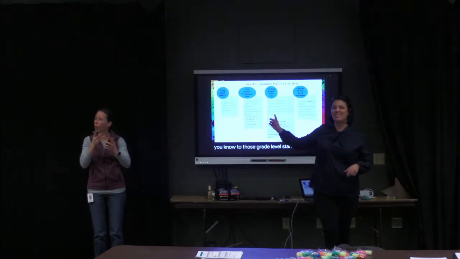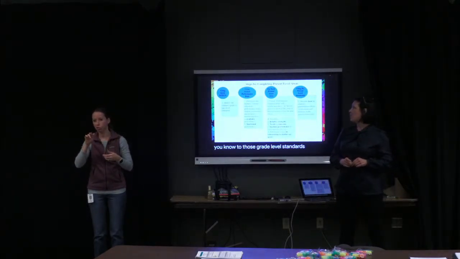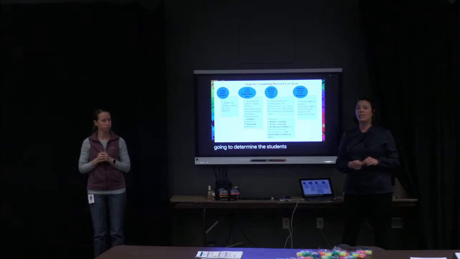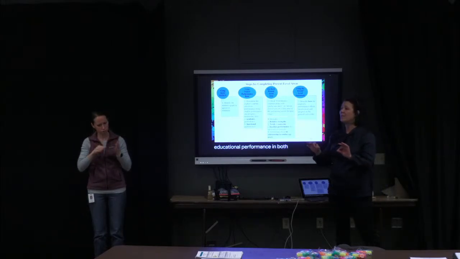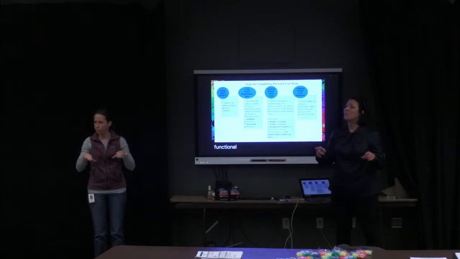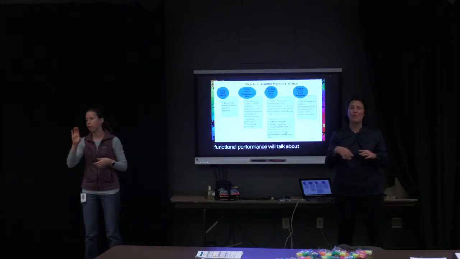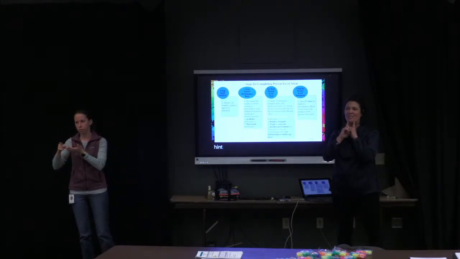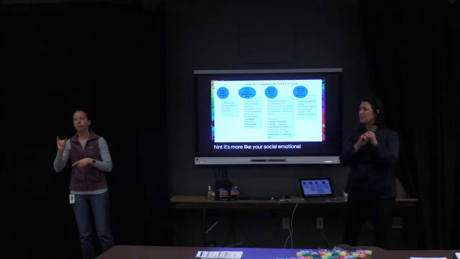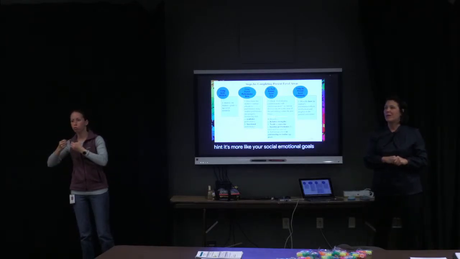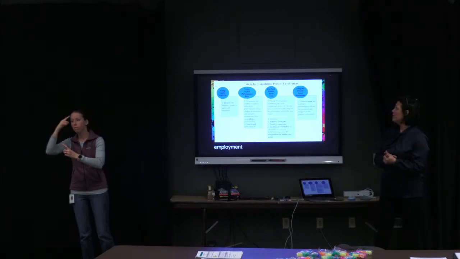The second part is we're going to determine the student's current educational performance in both academic and functional performance. We'll talk about functional performance, but I'll just give you a hint. It's more like your social emotional goals or employment skills.